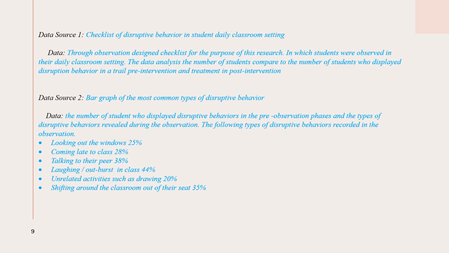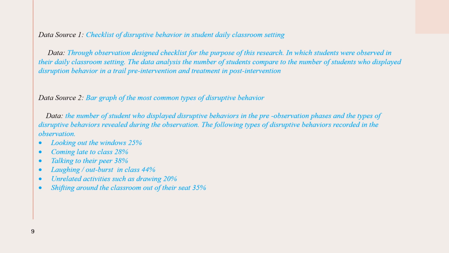Data source 1: Checklist of disruptive behavior in student daily classroom setting. Data: Through an observation design checklist for the purpose of this research, students were observed in their daily classroom setting. The data analysis compared the number of students to the number of students who displayed disruptive behavior in the pre-intervention, treatment, and post-intervention trials.